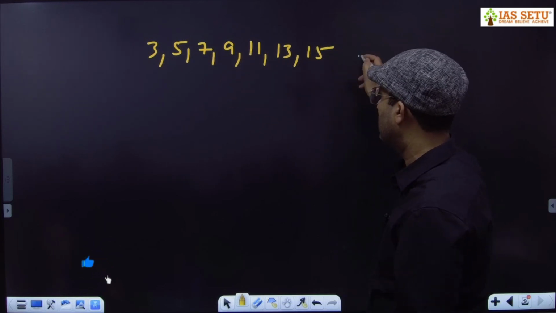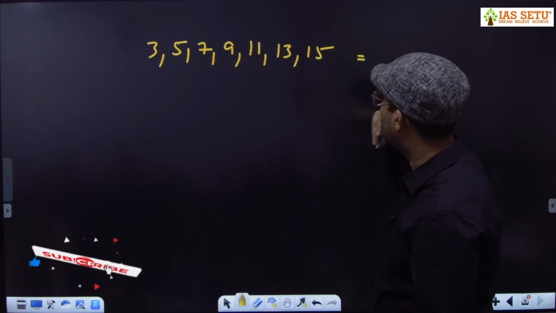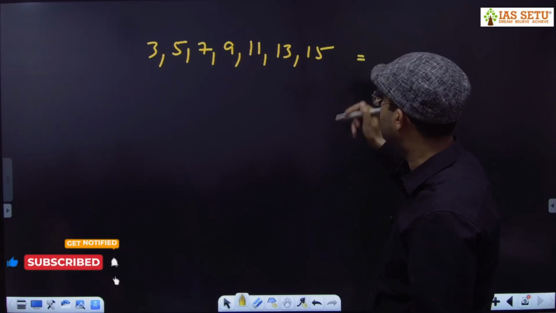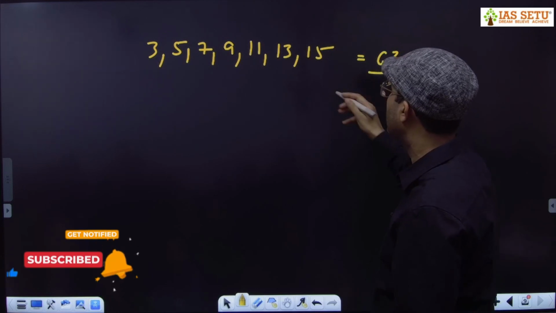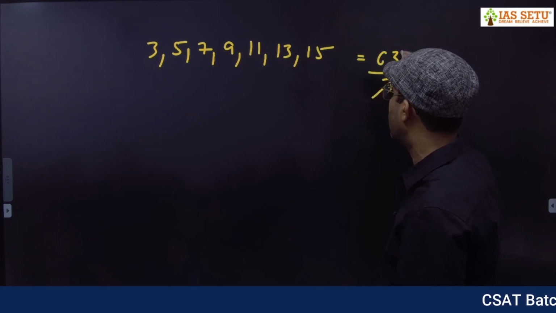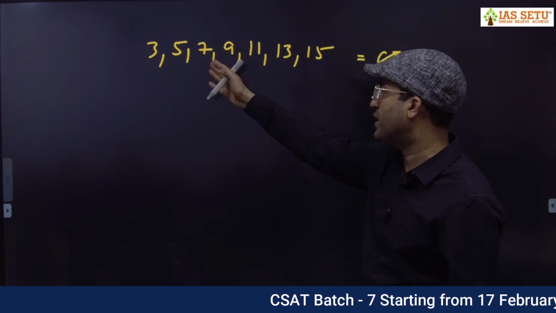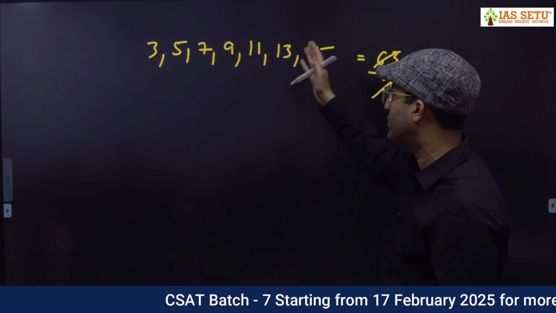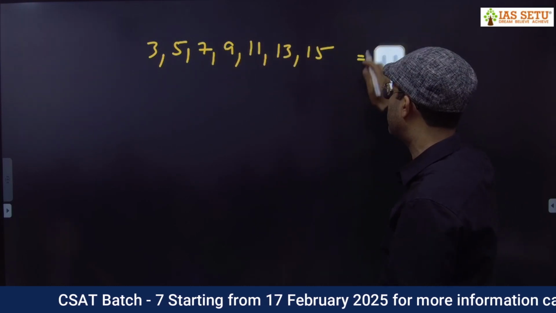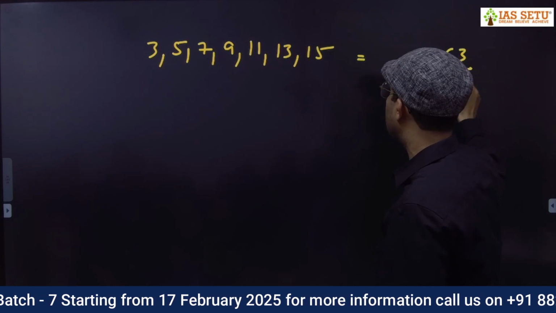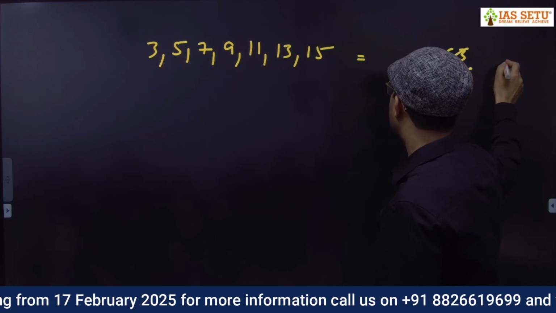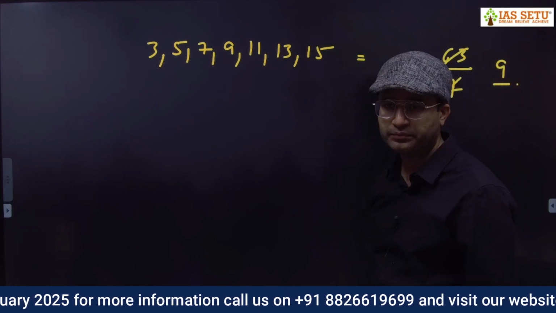You take total. Okay. Total इसका आएगा 9 7 63. 63 divided by number of terms 7. Your average will come 9. Total 3 plus 5 plus 7 plus 9 plus 11 plus 13 plus 15. You can check this total will come 63. Number of terms 7. So your average come 9.